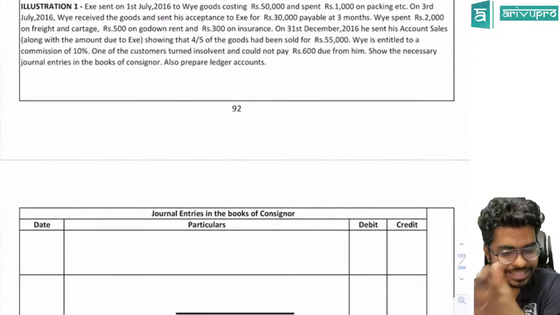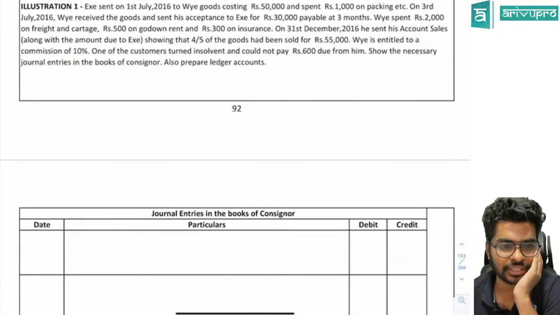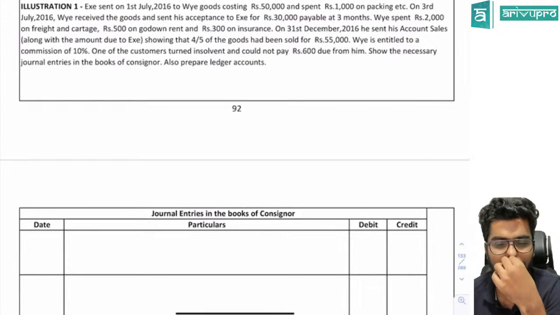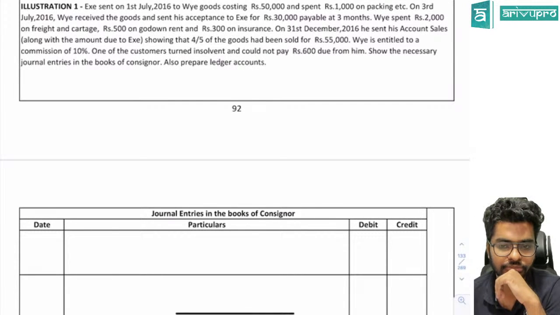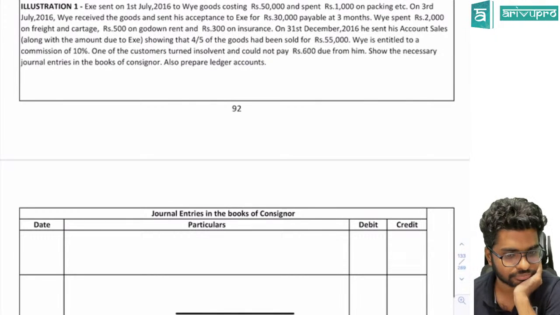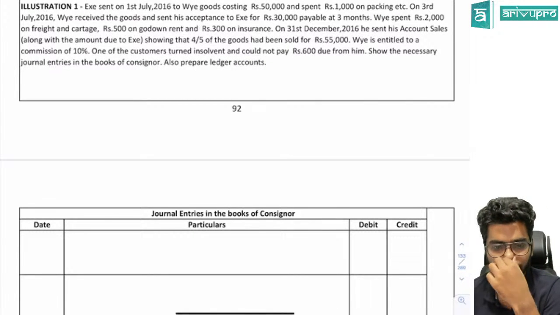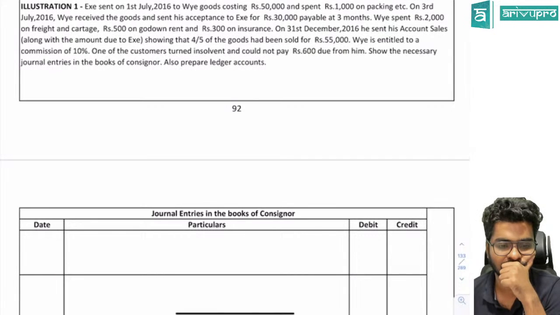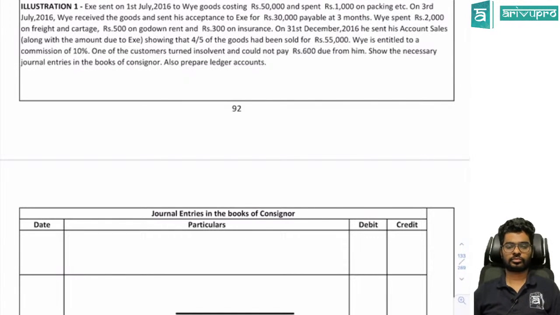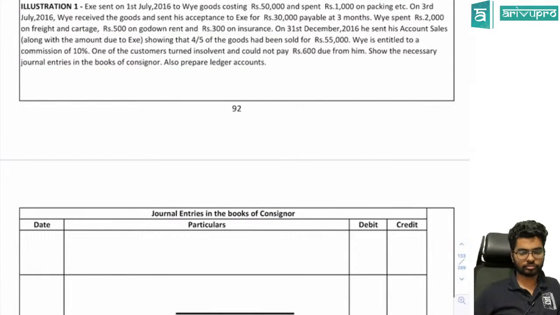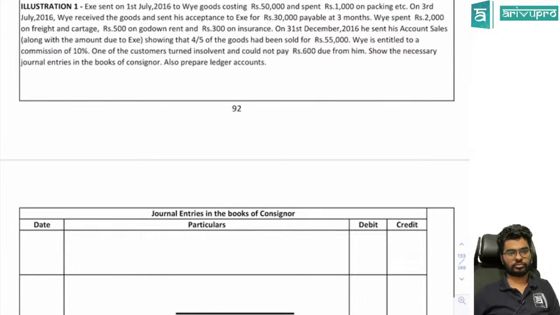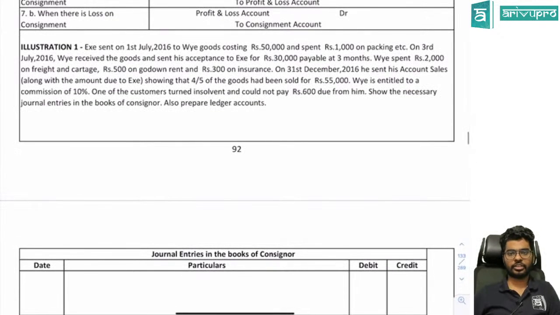Now guys, with this as a base, we'll try understanding the journal entries first and then go in further. I'll give you guys 2 minutes, read the question and just start writing down whatever entries you think are right. Guys, read this question. 2 minutes.